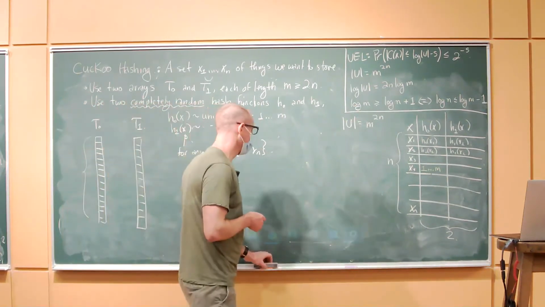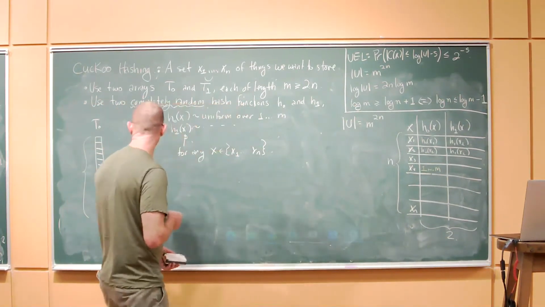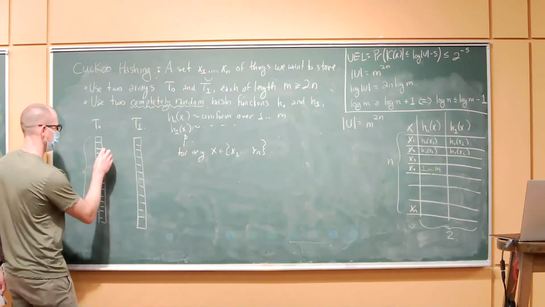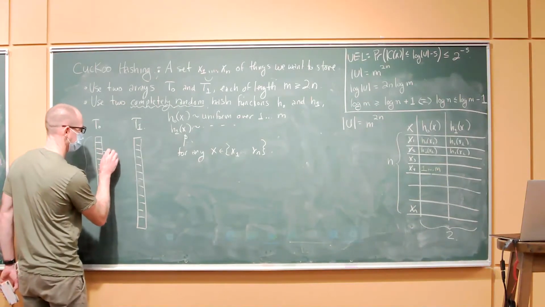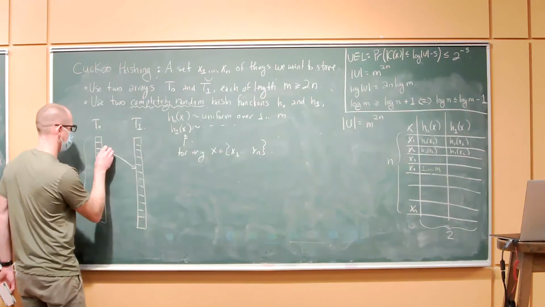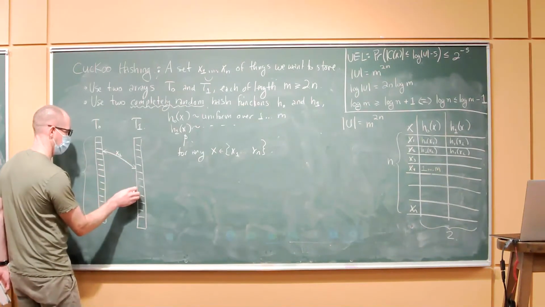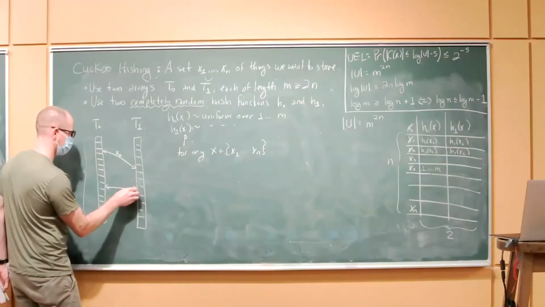Good. So this gives rise to a thing that we call the Cuckoo graph, which is this bipartite graph.